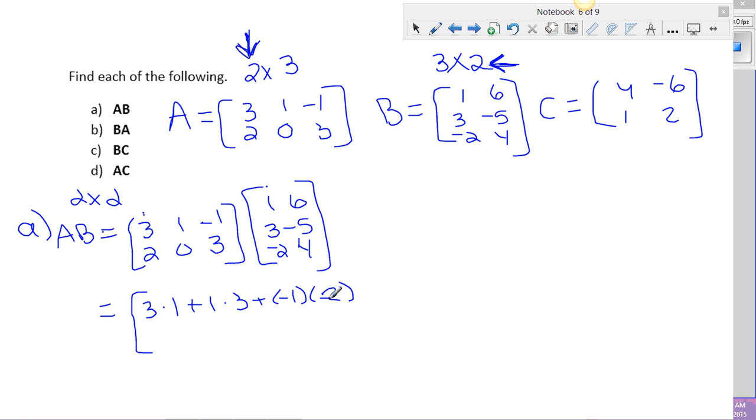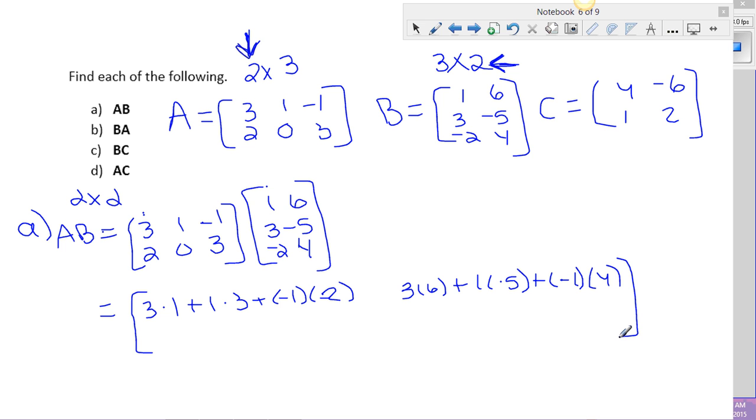That's your first one. Then the second part is 3 times 6, plus 1 times negative 5, plus negative 1 times 4.